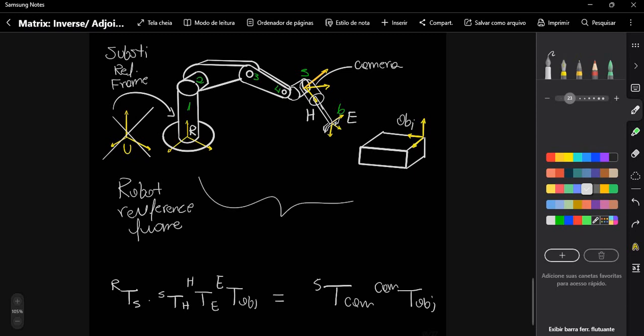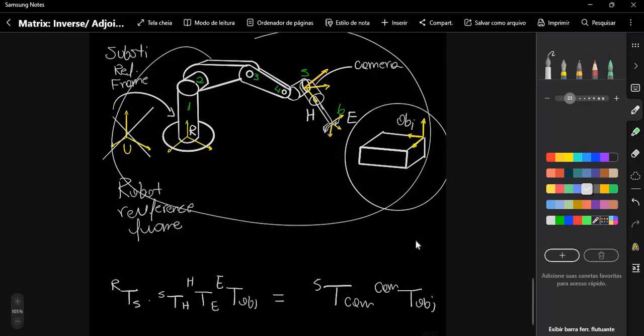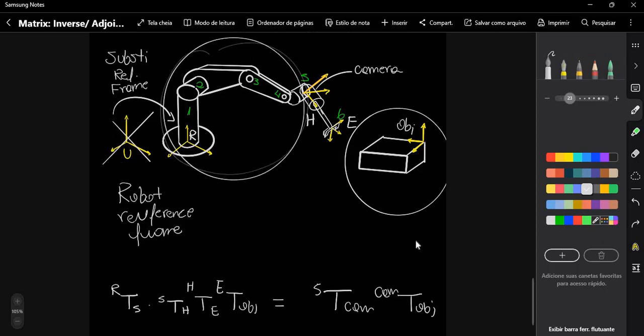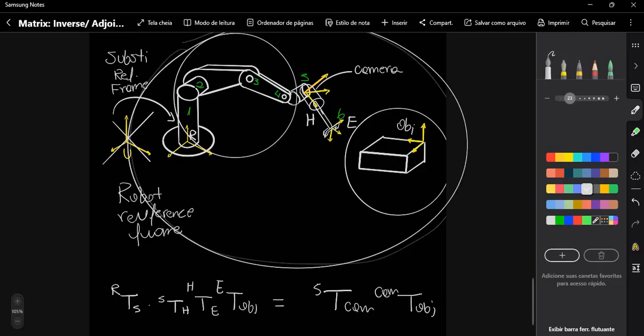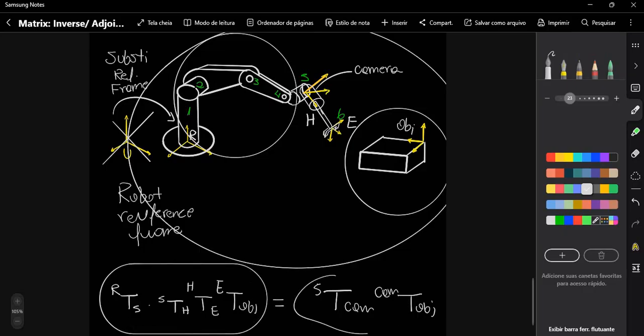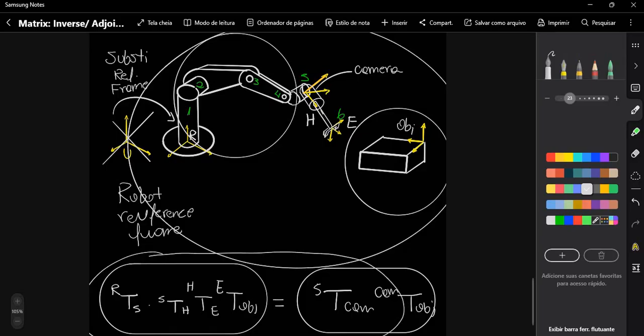So we have one system, two systems, three systems, and one system, two systems, three systems. Got it?